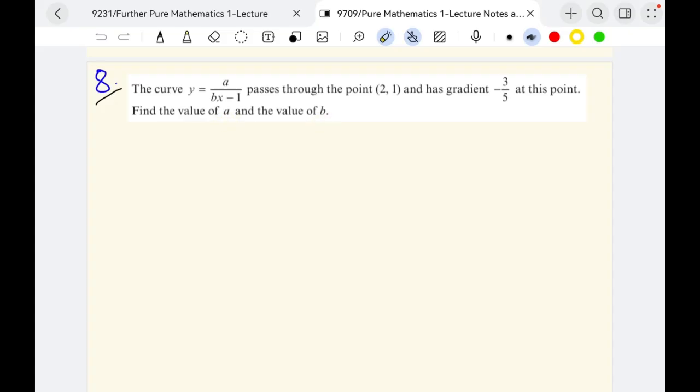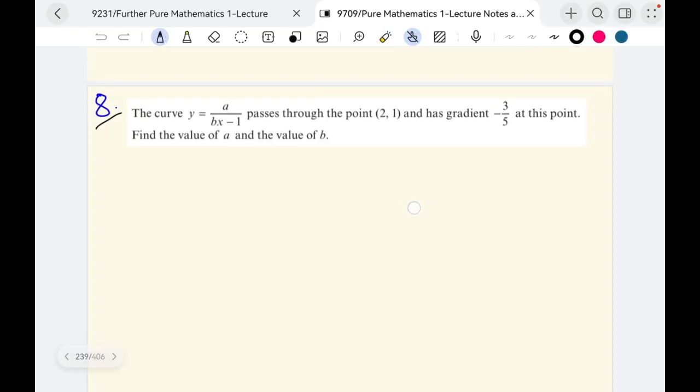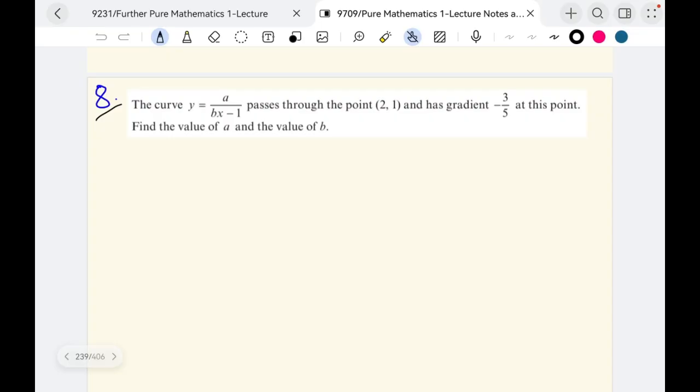Usually this involves simultaneous equations. So extract the information above. The point has the x coordinate of 2 and the y coordinate of 1. But at this point, its gradient is negative 3/5.